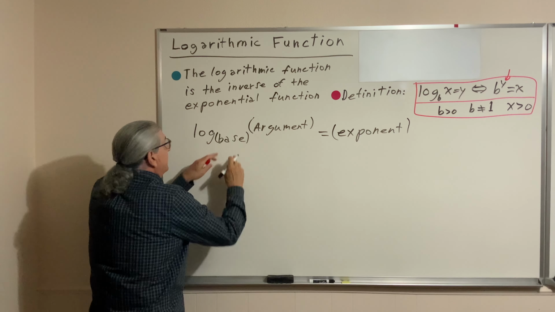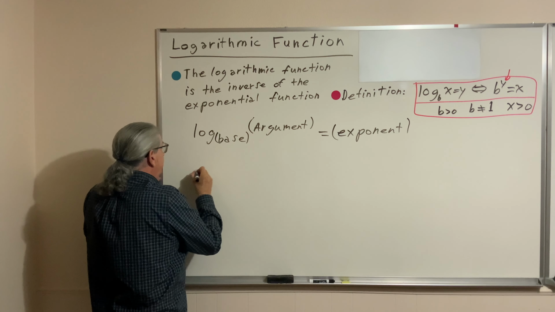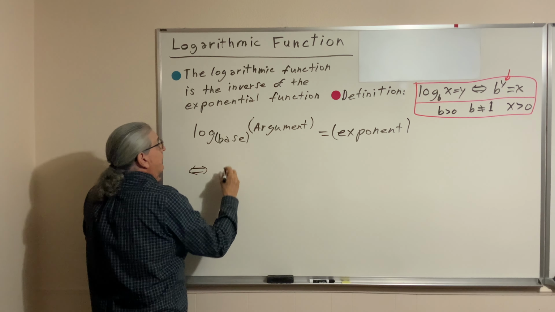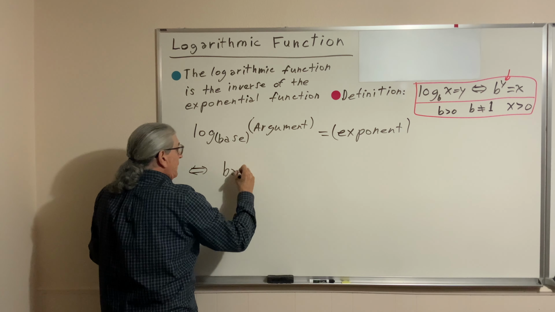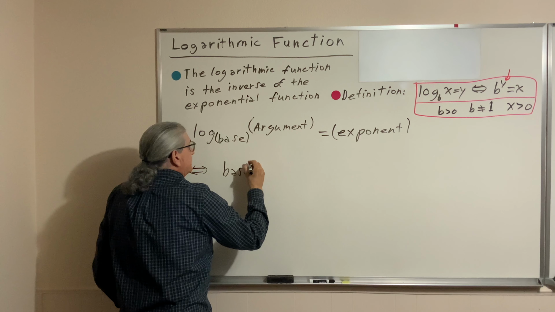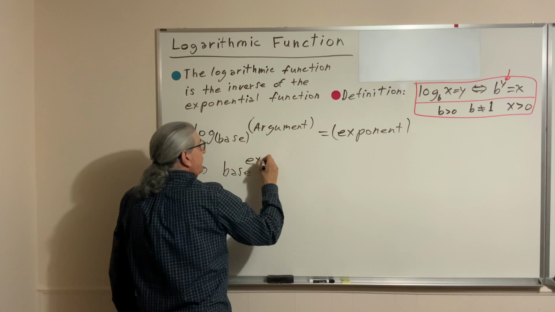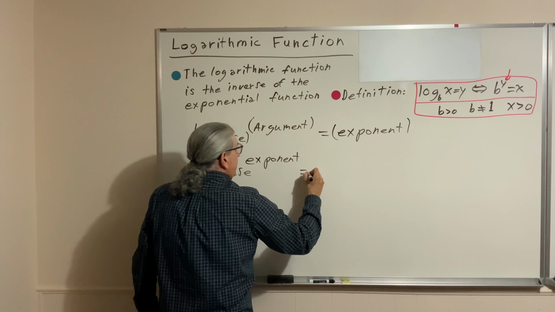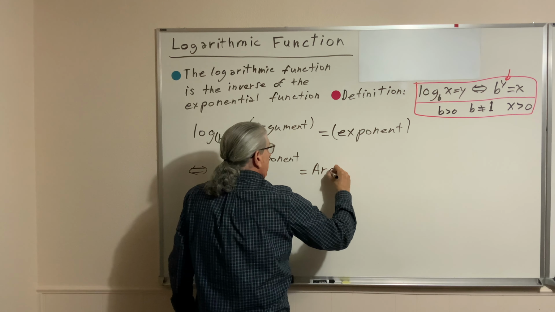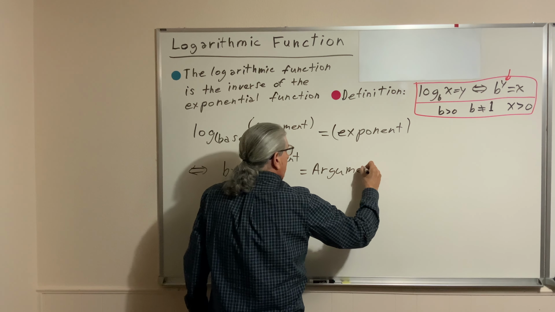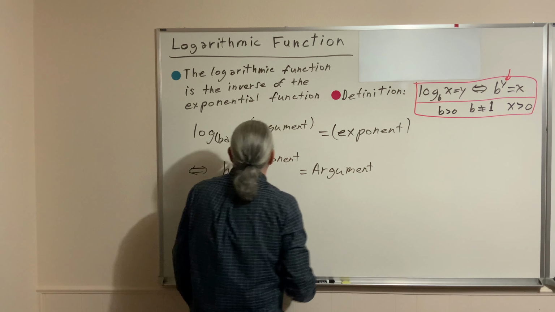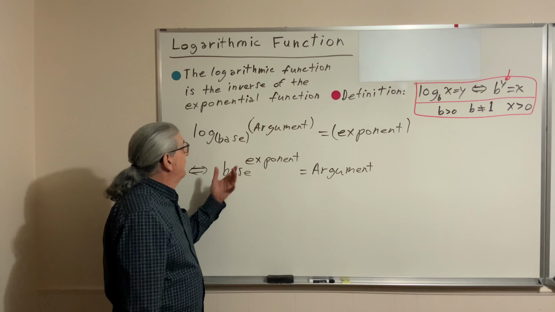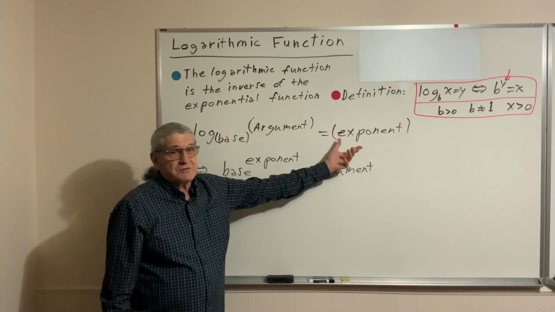So now it's the base, and this is if and only if the base raised to the exponent power equals the argument. So the main thing to remember is here's the base and here's the exponent.